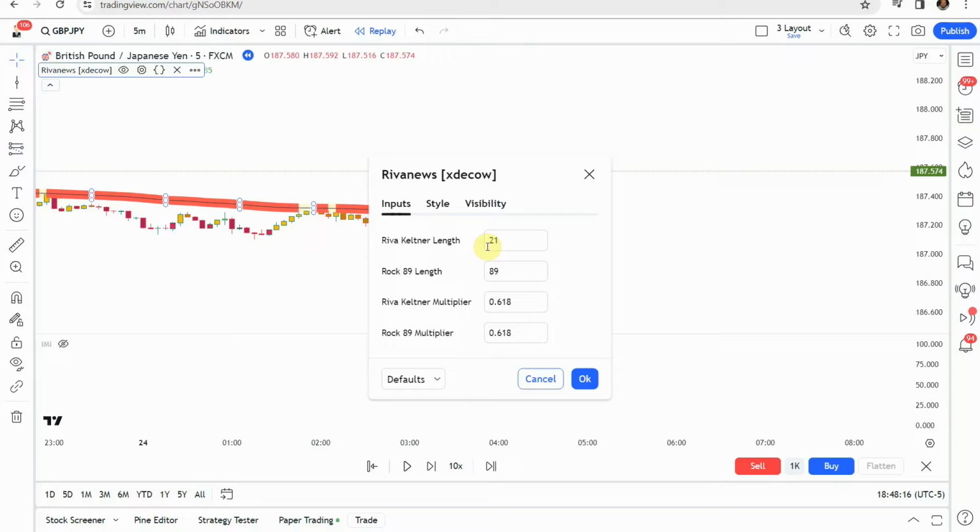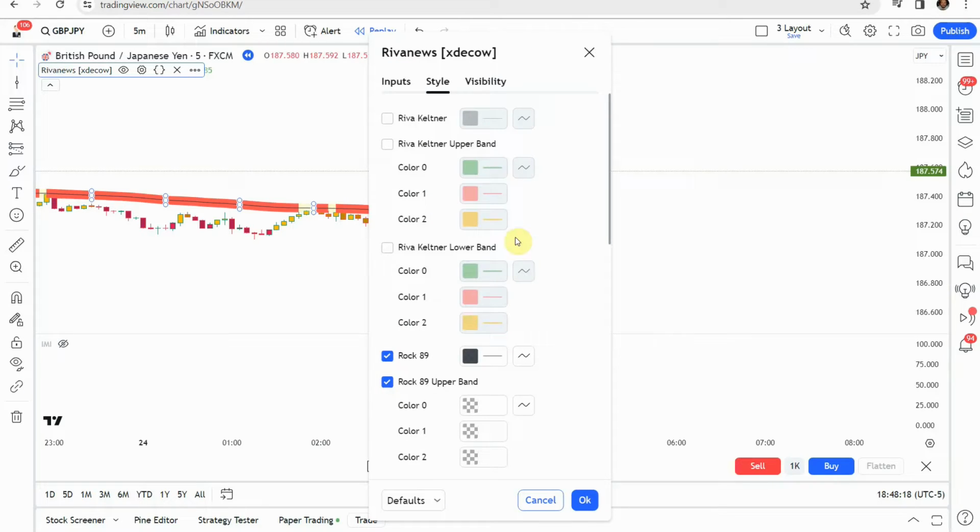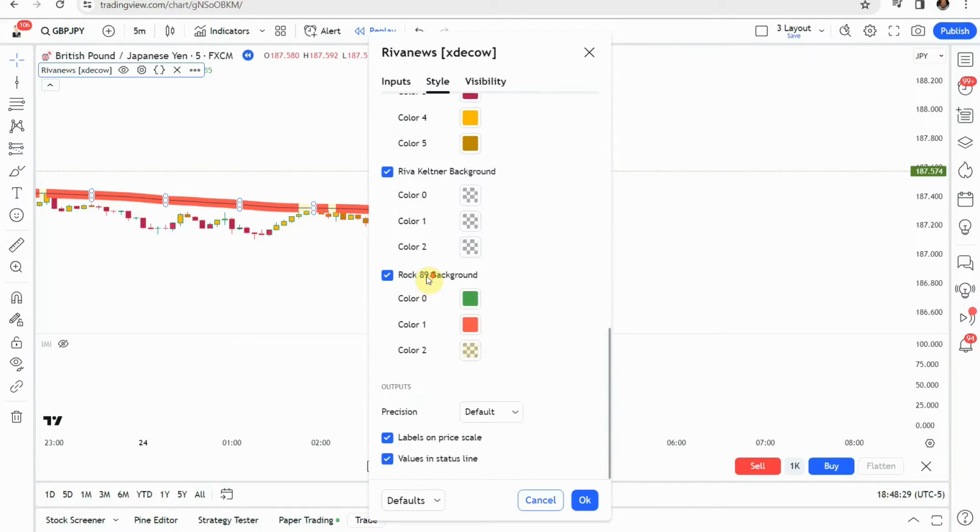Make sure they are all the same. And then we're going to jump over to the style here, and we are going to turn off the Keltner upper and the lower band. Then we're going to scroll almost all the way to the bottom, to the Rock 89 background color 0.